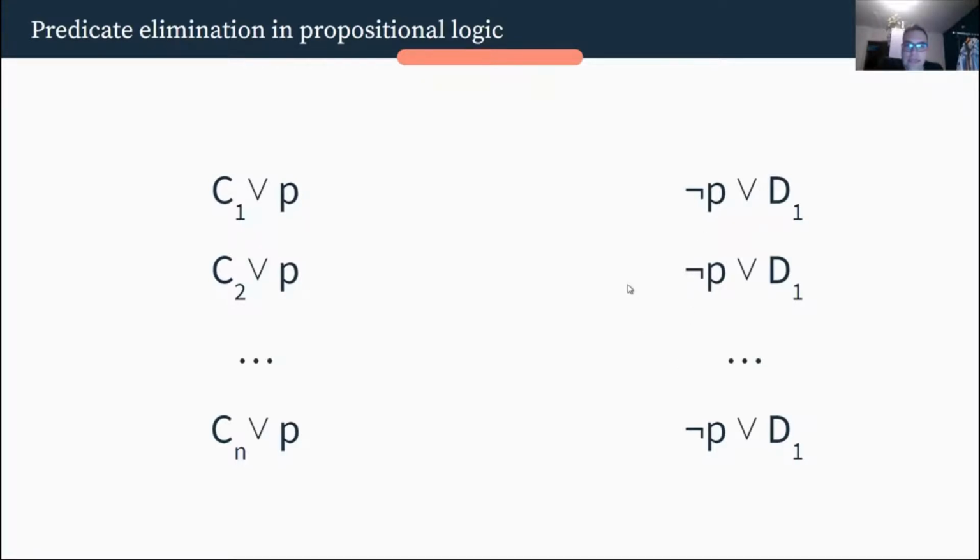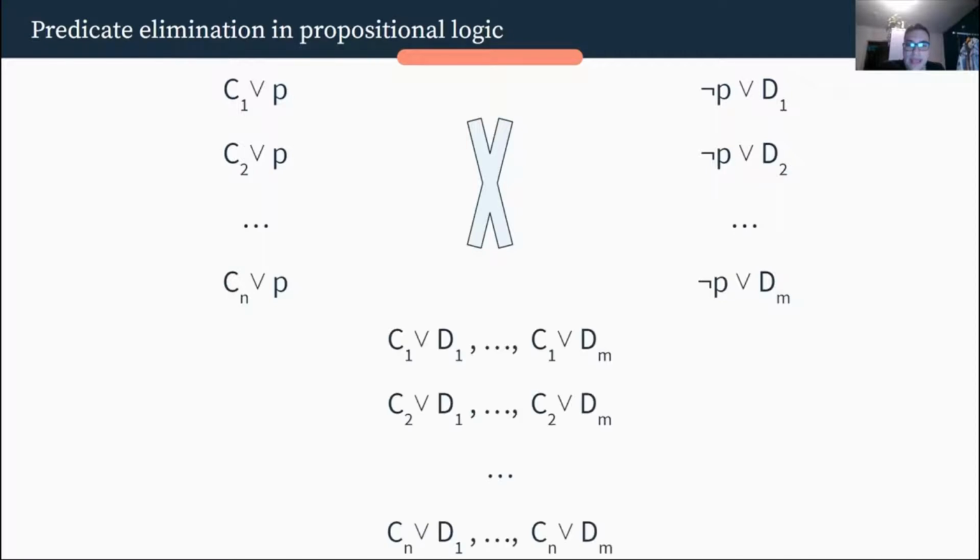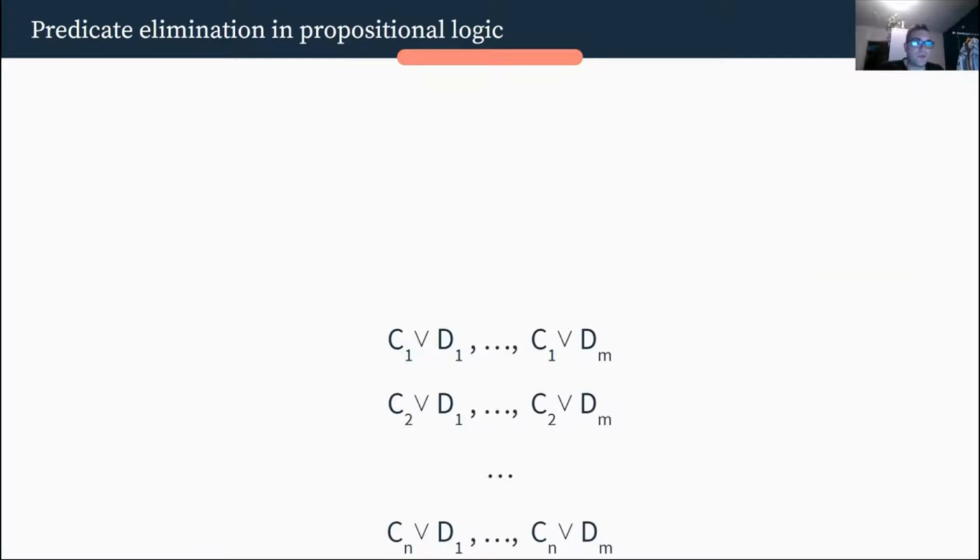And then you compute the resolvents between any two of these clauses, and then you get this set which is of quadratic size. And if a certain measure is satisfied, I won't go into details of this, then you can replace the parents with the resulting set.